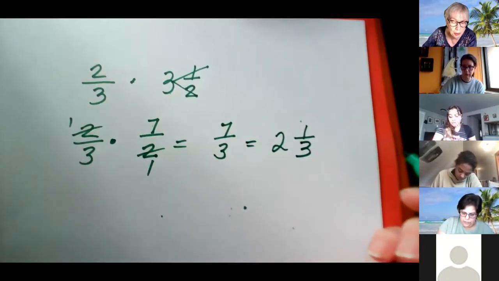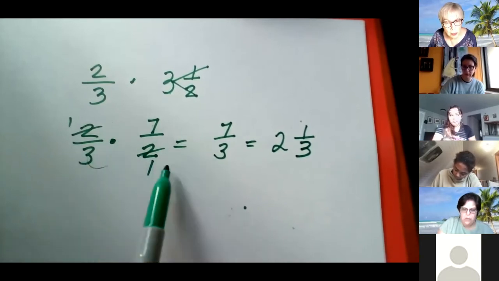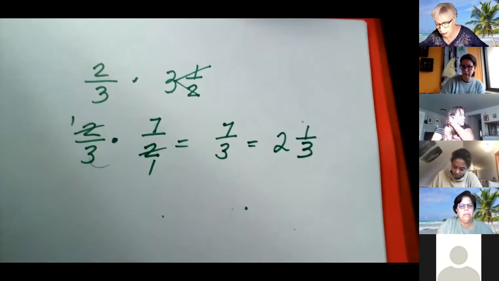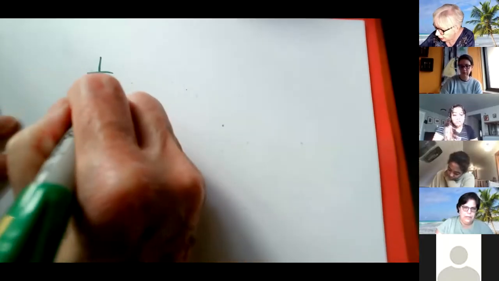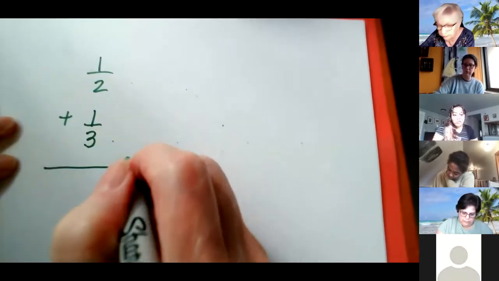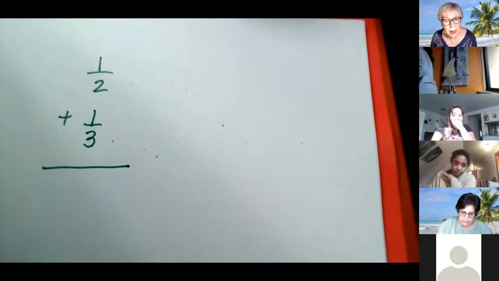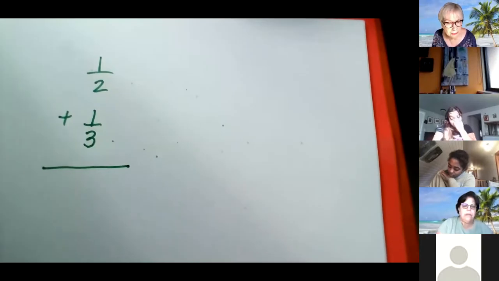So when I multiplied, all I had to do was put it in proper fraction form and there was no restriction. But I'm saying all this because when I go to add 1/2 and 1/3, I can't do it yet. The reason is because these are not like.